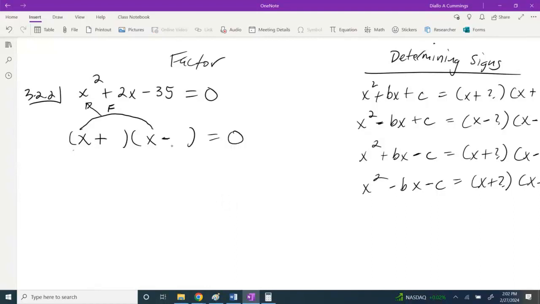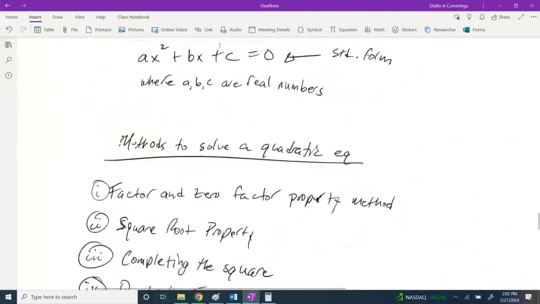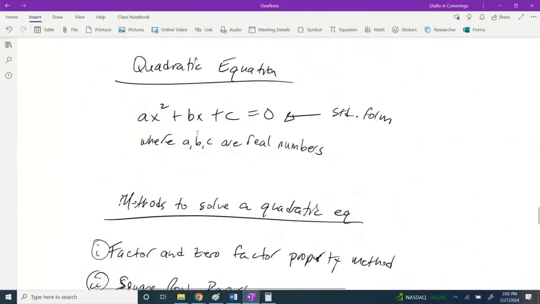The product is going to equal C. The sum is going to equal B. If we go back to the standard form, B is the coefficient of the middle term, and C is that last term.